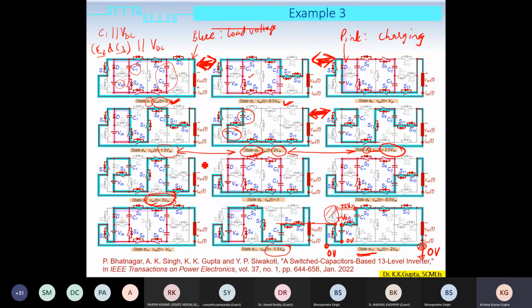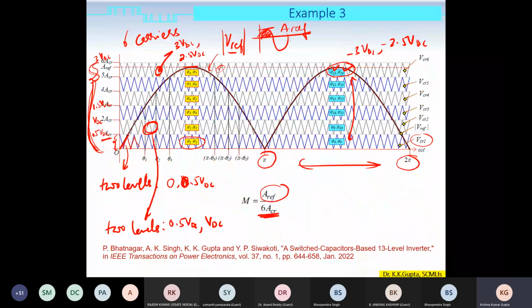So for all the states, we have to see the voltage stress across switch S1, and the maximum of that voltage stress is taken as the peak inverse voltage. Another easier method is that you simulate this topology with 100 volt DC and see the voltage waveform across a switch. Whenever the switch is off, a voltage will appear across the switch, and that peak voltage will give you an idea of the maximum voltage stress that it has to bear, right?